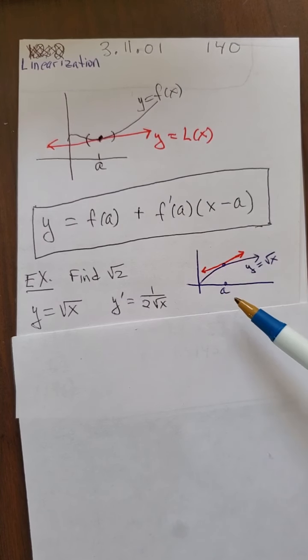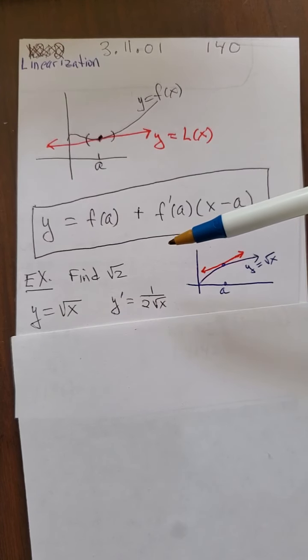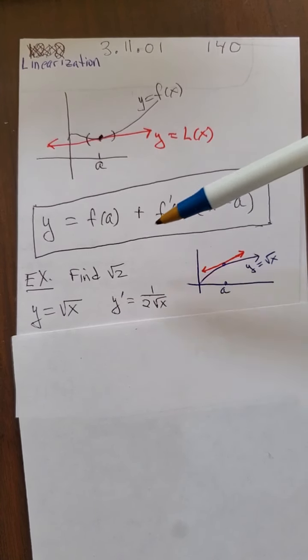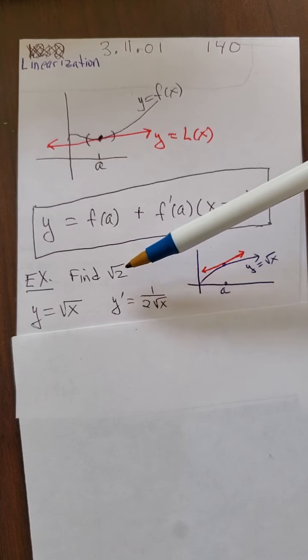So let's get some information here. First, we have to pick an a. What we're going to do is pick an a that's close to 2 and is a perfect square. Now, 1 is a perfect square, which is close to 2. 4 is a perfect square, but that's still kind of far in this domain. So I want to find something even closer. I'm going to be very smart.